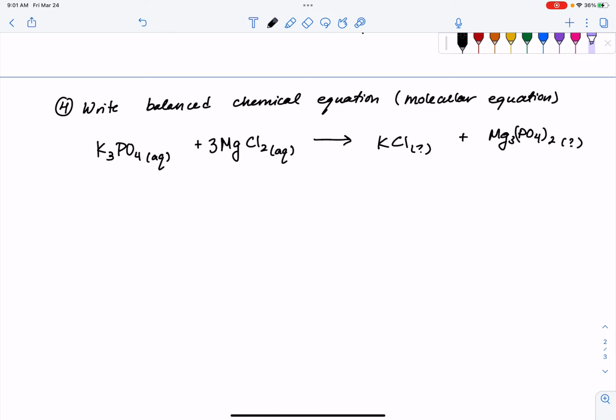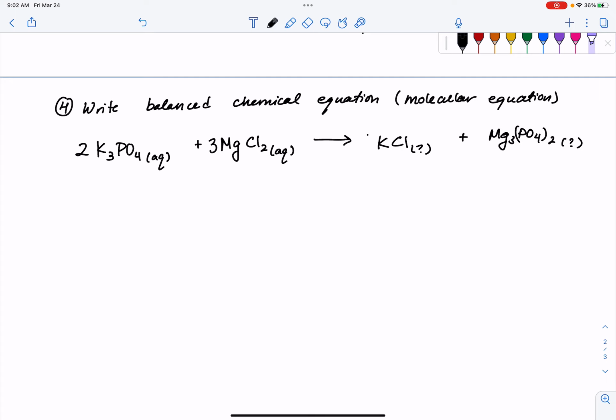Okay, phosphates. I have 2 phosphates, so I'm going to double the reactant compound containing phosphate, which is my potassium phosphate. And when I double my potassium phosphate, I'm also doubling the amount of potassium, so I now have 6 potassiums on the reactant side.